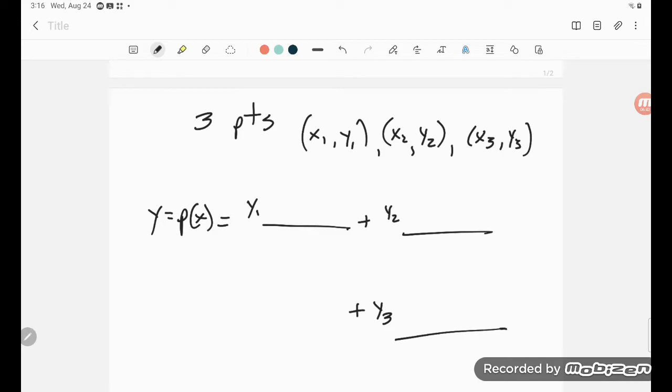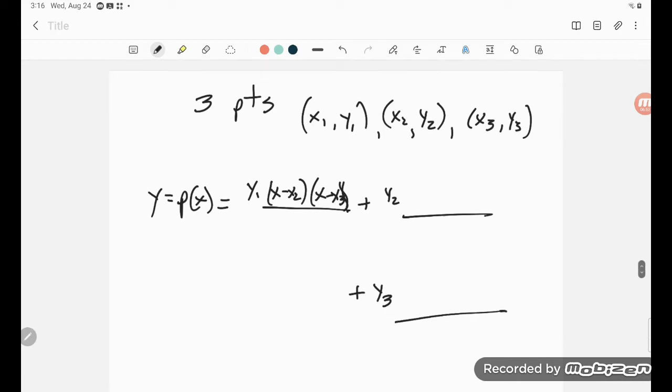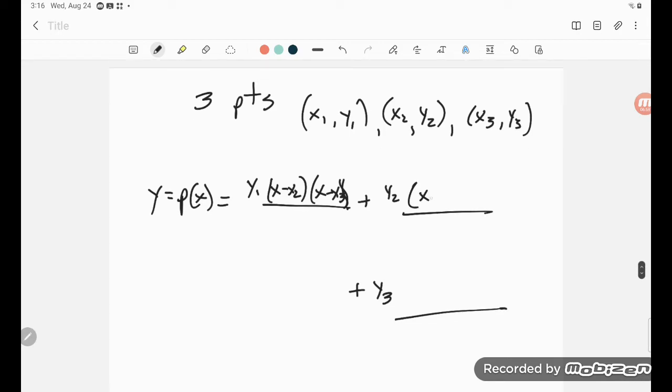Going that same way, remember that what we had in here was like x minus x2. Well, we do that, but then we do x minus x3. So we take all the points that are not subscripted 1. Here we take the points that are not subscripted 2, so x minus x1, x minus x3. And here the ones that are not subscripted 3, so x minus x1, x minus x2.